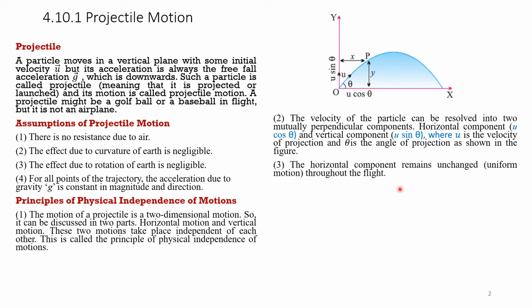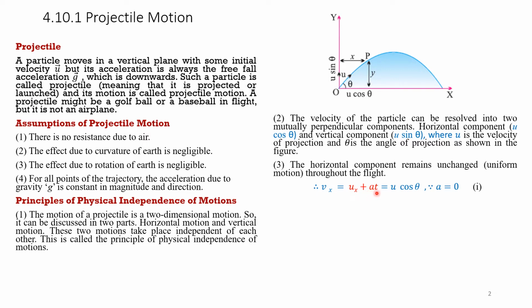The horizontal component remains unchanged due to uniform motion throughout the flight. Hence, Vx is equal to Ux plus at, where Vx is the horizontal component of velocity, Ux is the horizontal component of initial velocity u, a is the acceleration and t is the time.